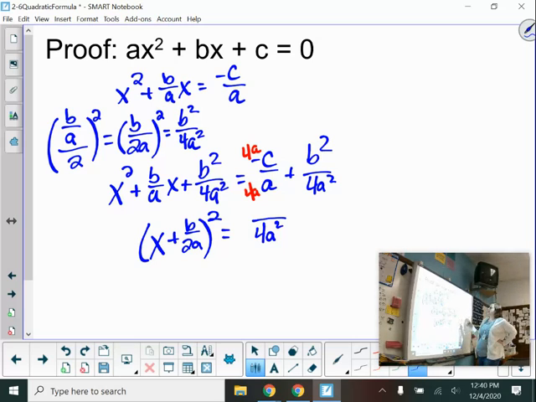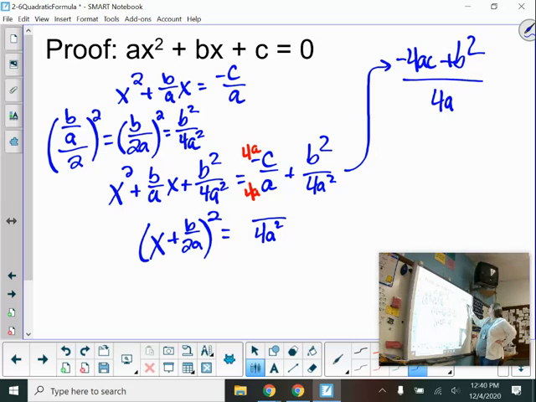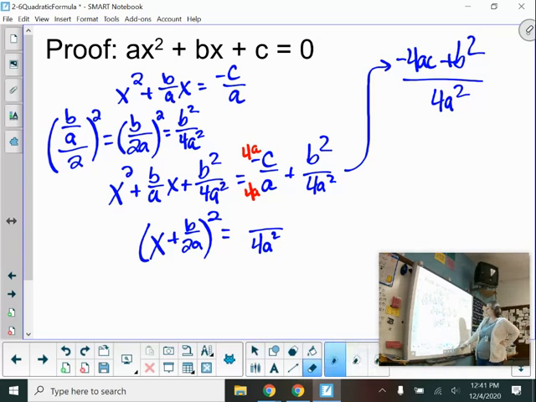And so whenever I combine those, I'm going to have a negative 4ac plus b squared all over 4a squared. Now, typically on the top, and you'll see once we get to our final answer here, we do rewrite this as the b squared minus 4ac. So the b squared is actually going to go first there. So b squared minus 4ac.